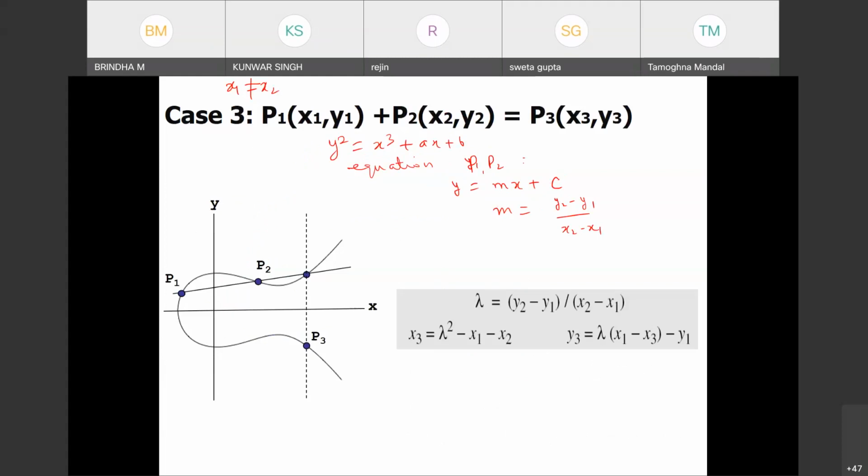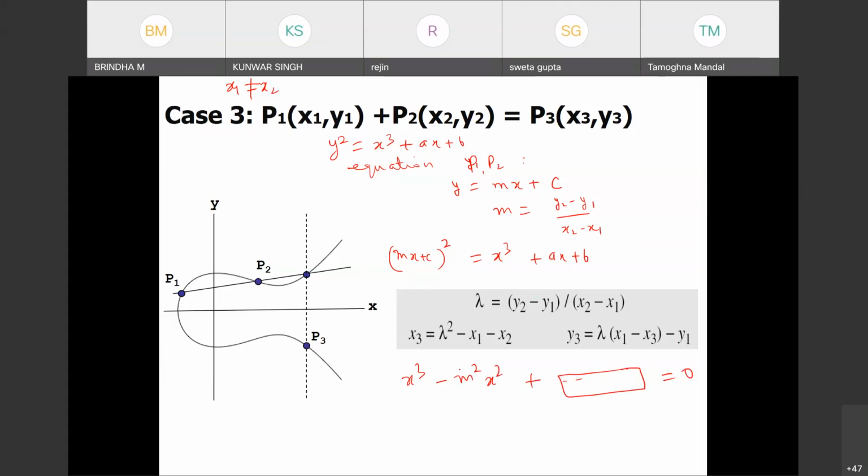Now you substitute y into the curve equation. You will get (mx plus c) whole square equals x cube plus ax plus b. Rearranging, you will get x cube minus m square x square, and then some other terms, which we are not interested in.